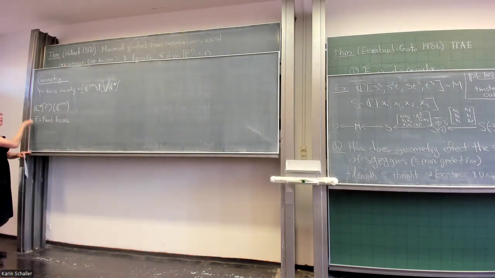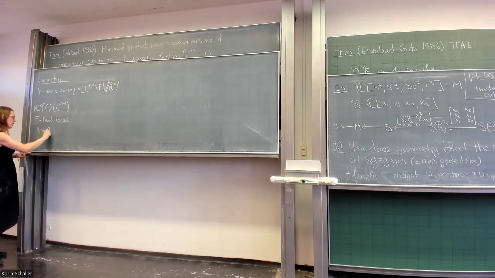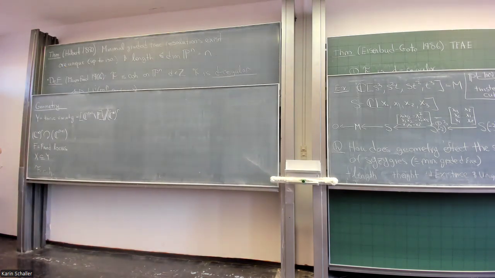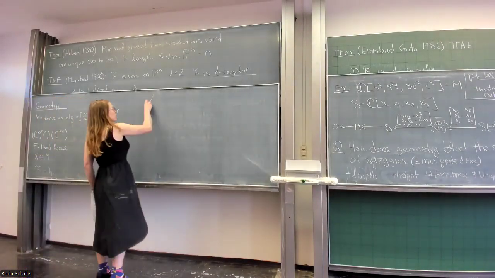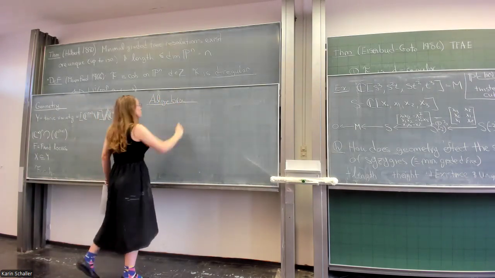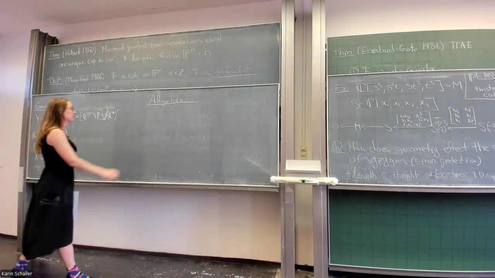So again, if we're in this setup, we have things like subvarieties of toric varieties and coherent sheaves on toric varieties. So this is the geometric side of the dictionary, and it turns out that the algebraic side of the dictionary is almost the same. So what do I mean almost the same?